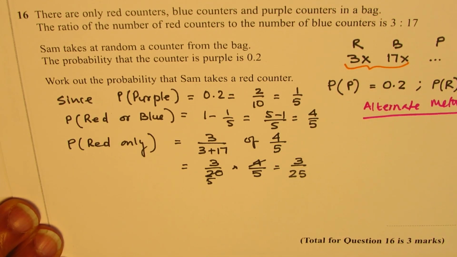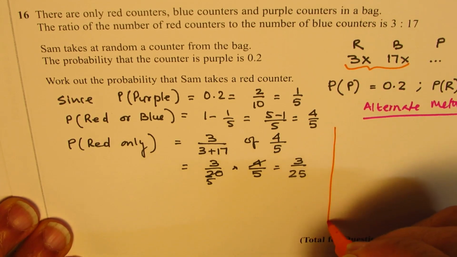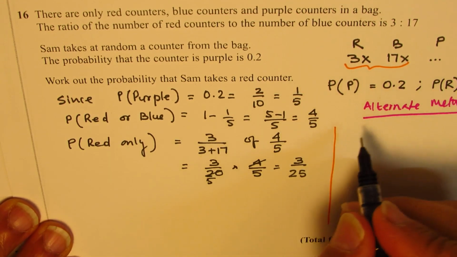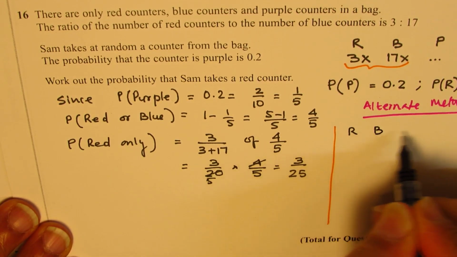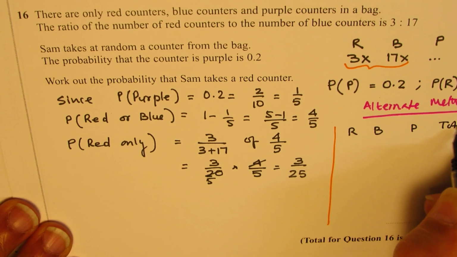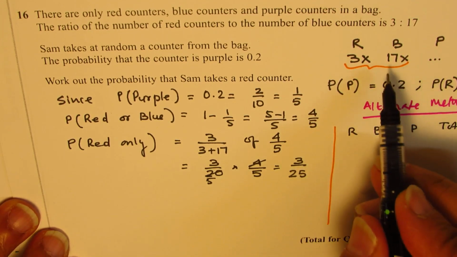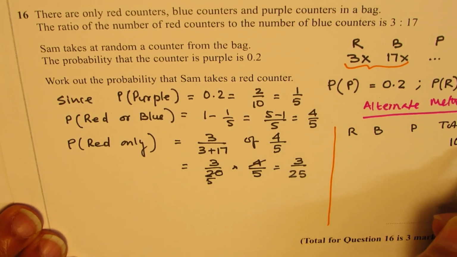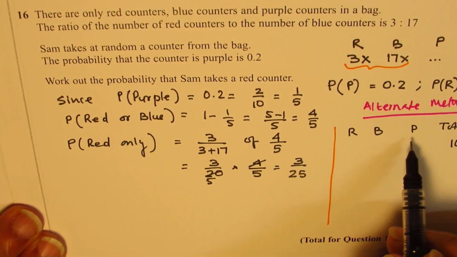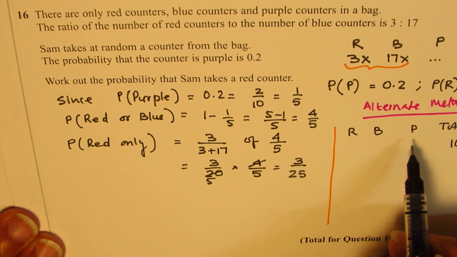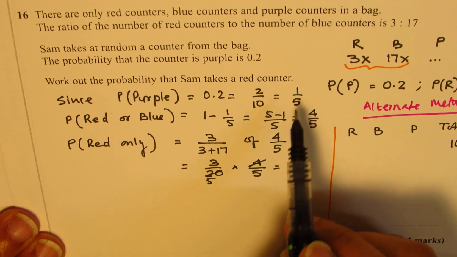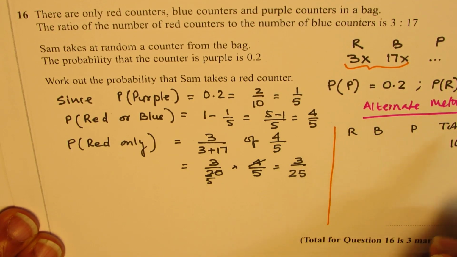So let us consider that we have a total of 100, since 20 times 5 gives you 100, right? Since the probability of purple is 0.2, that is 1/5 are purple.